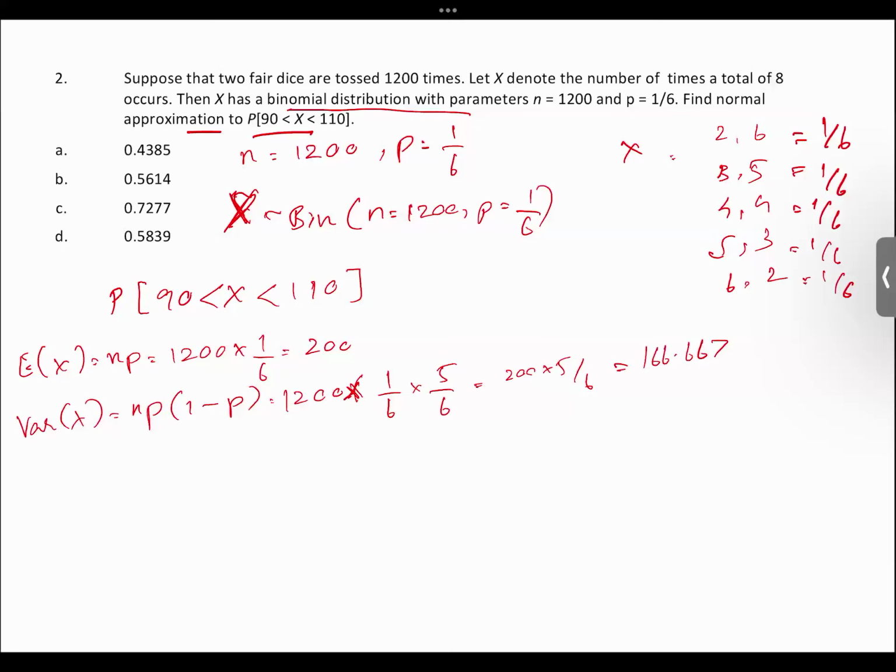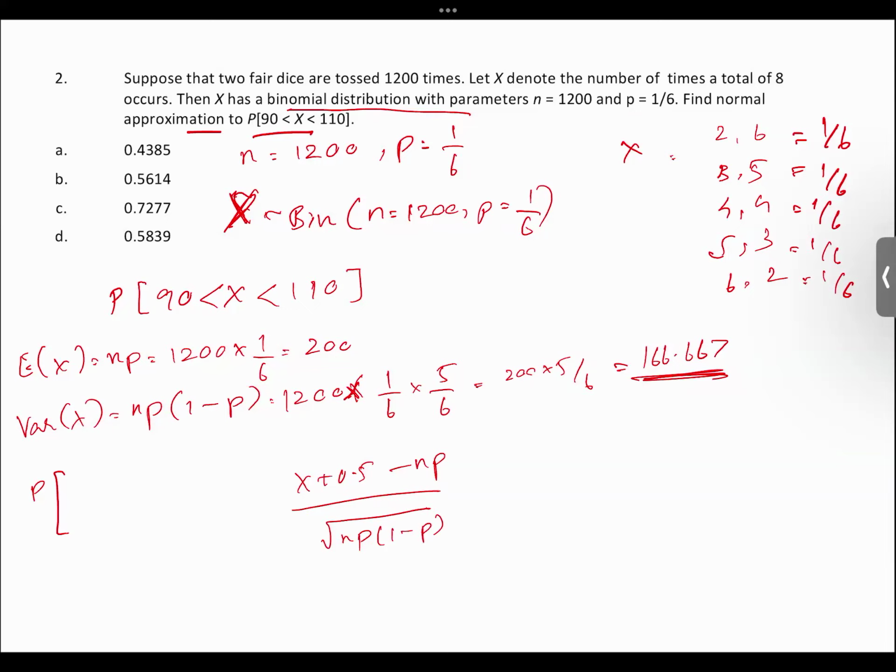So you have these. Now when you write this, for a binomial distribution, when you approximate it to a normal distribution, you'll have x plus continuity correction minus NP divided by the square root of NP into 1 minus P. We already calculated this here.